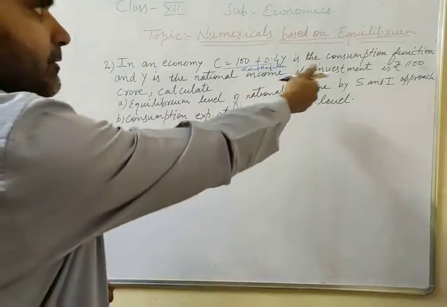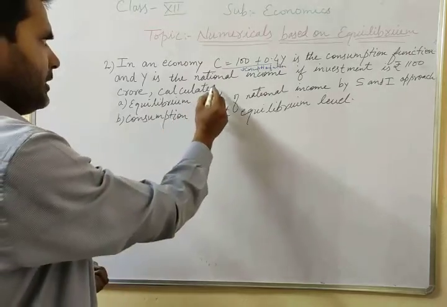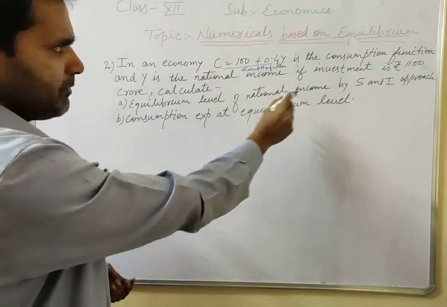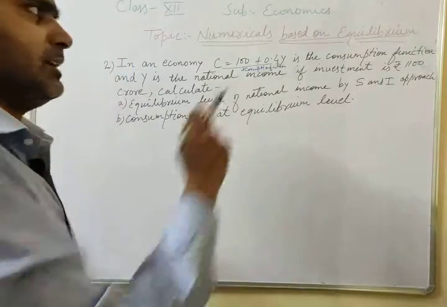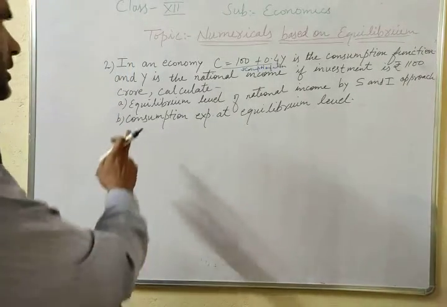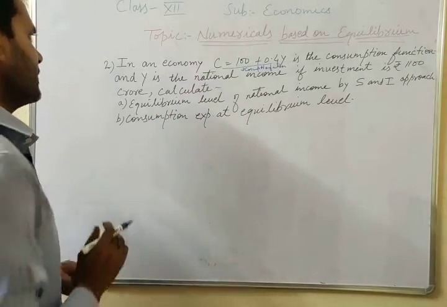This we know. If investment is rupees 1100 crore, calculate, what do we have to calculate? The equilibrium level of national income by the S and I approach. What is the S and I approach? Saving and investment approach. And the consumption expenditure at equilibrium level of income.